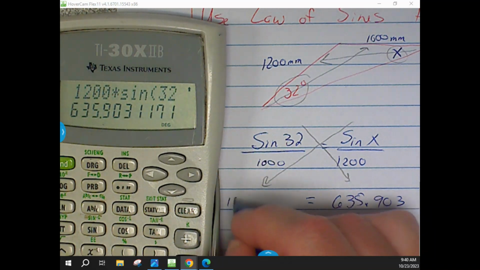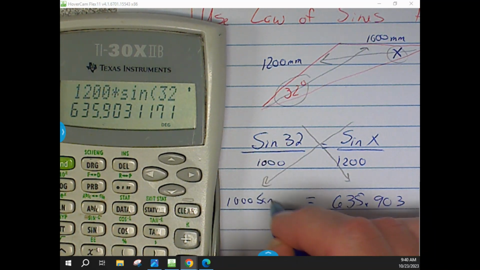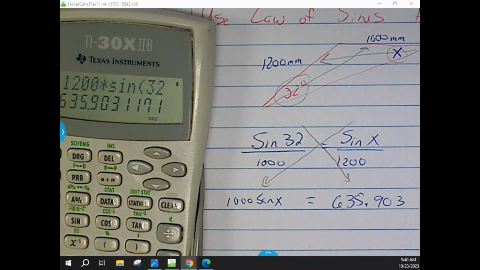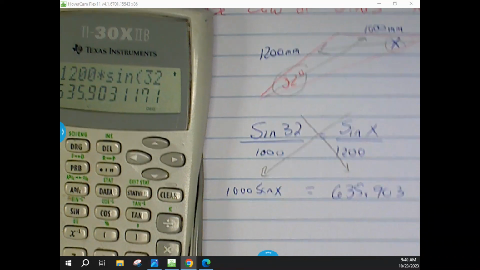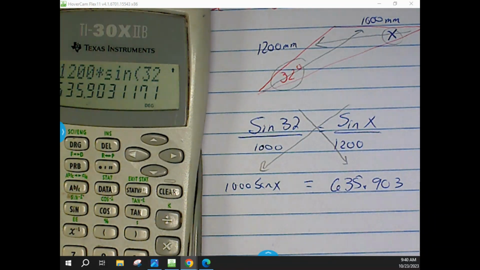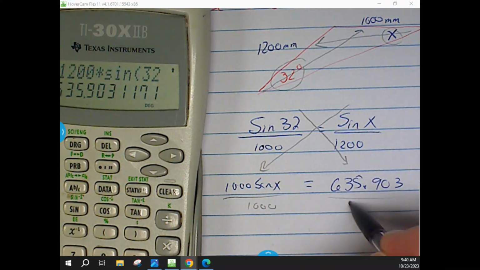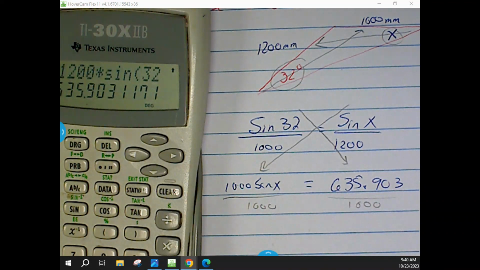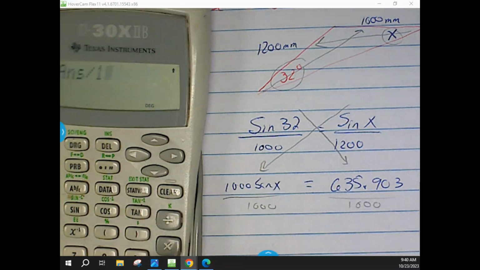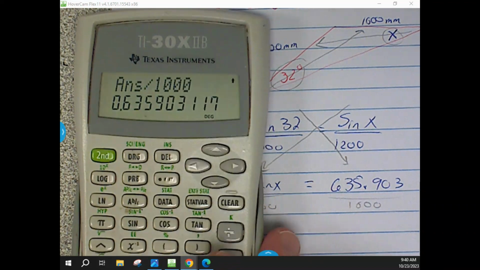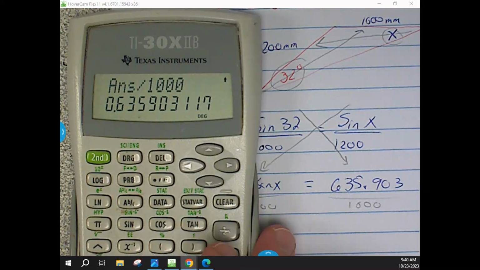And that leaves 1,000 times sine x. Okay, so if we're going to get the sine by itself, we need to go back and divide this by 1,000. Okay, that gets us 0.6359.